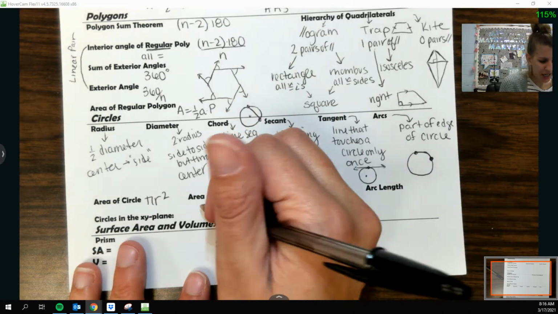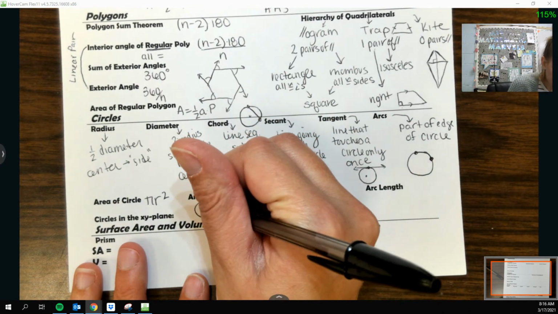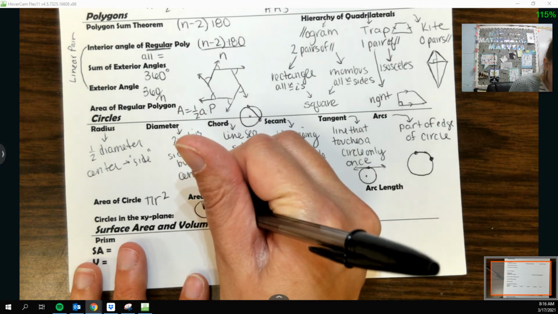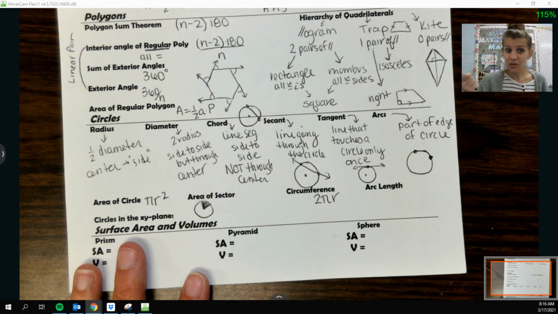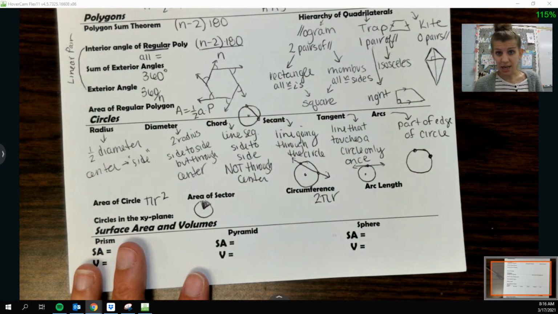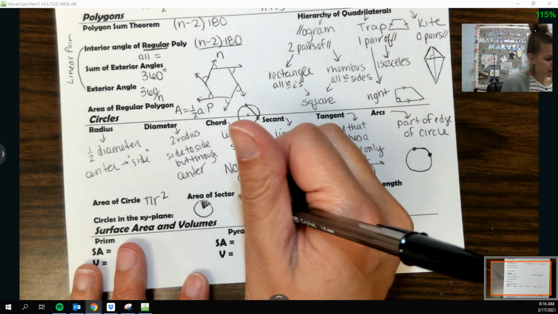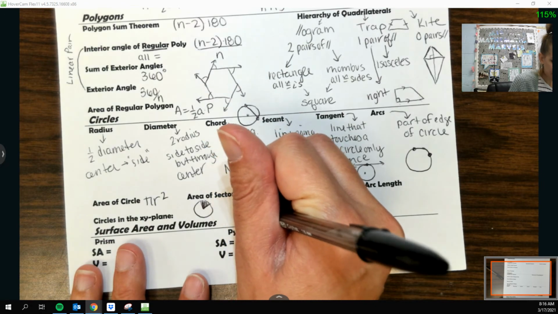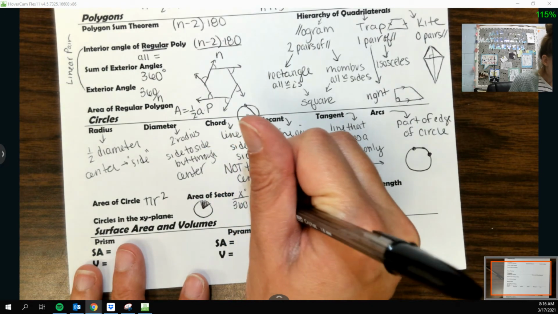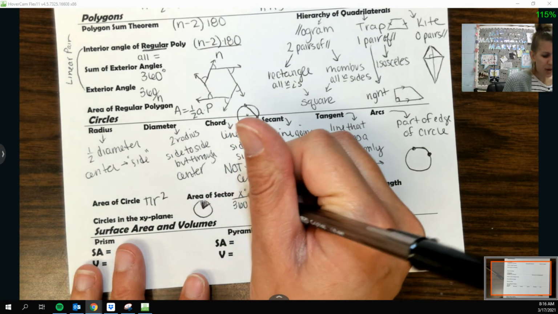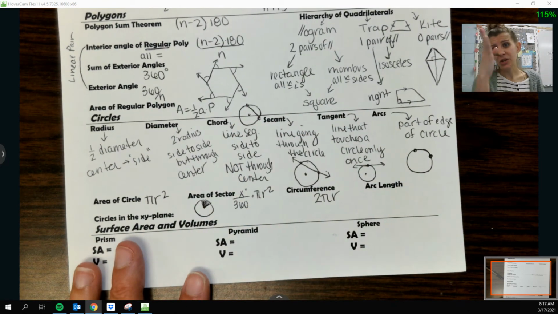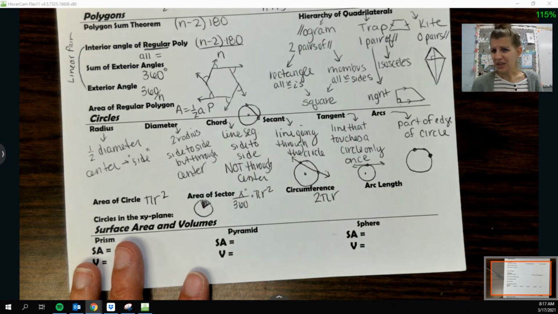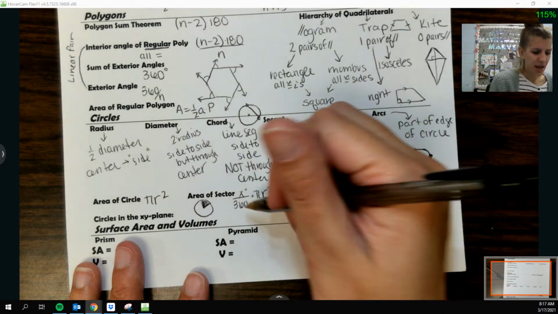A sector is part of the area of the circle. So it's like a pizza slice of the circle, like how much pizza slice did I get here? So if I want to find the area of a sector, we're doing x divided by 360 times pi r squared, where x is how many degrees around the circle I've traveled. They'd have to tell you that to find it.